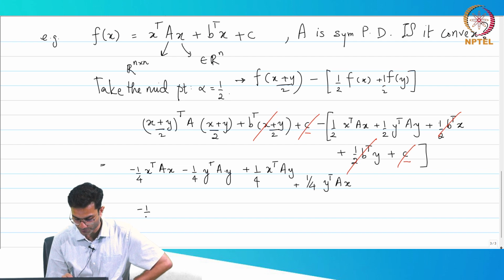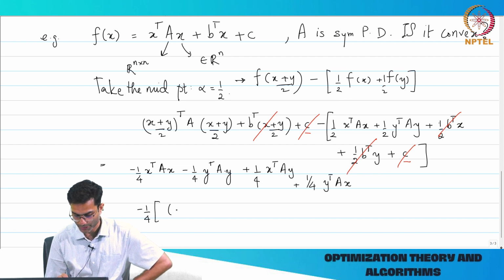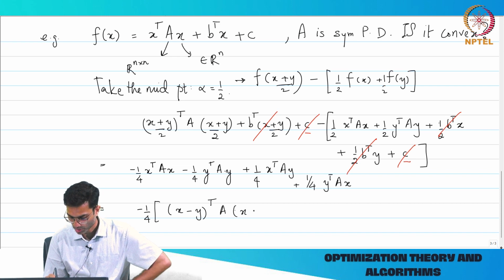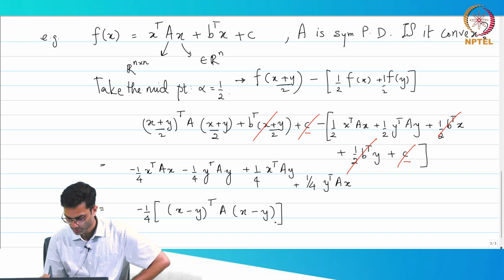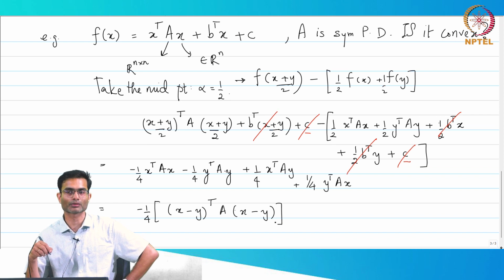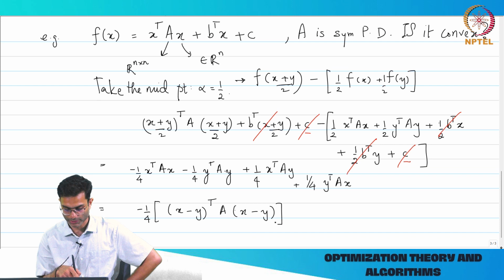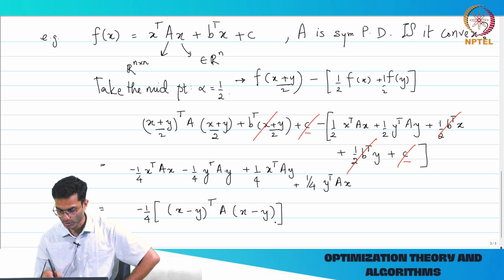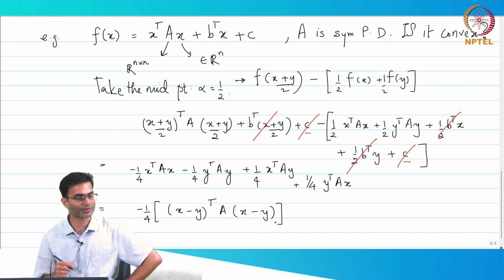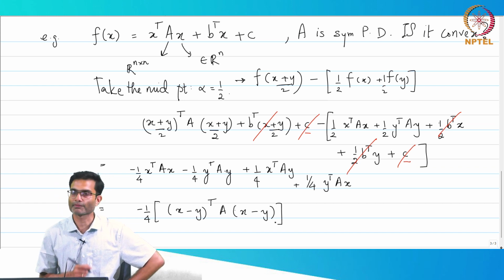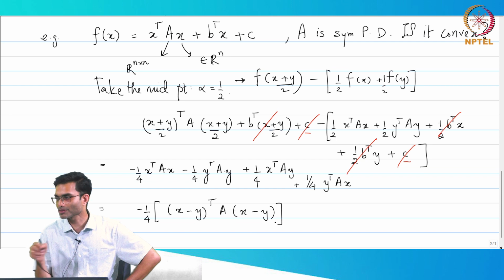Minus 1/4, if I take common, I am going to be left with x minus y transpose A x minus y. Can you confirm that that's all that there is? Look at it, x transpose Ax has the correct coefficient, x transpose Ay also has the correct coefficient. So, this is correct. Does everyone follow? This is just simple algebra, right? We're just moving terms around.